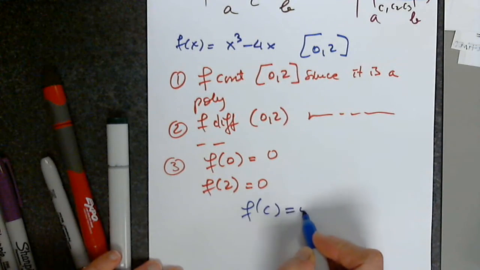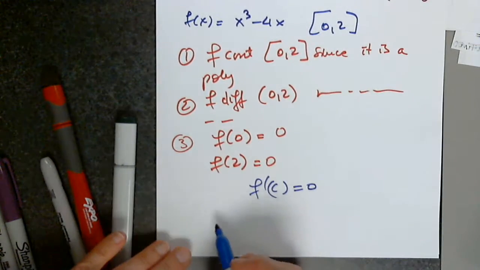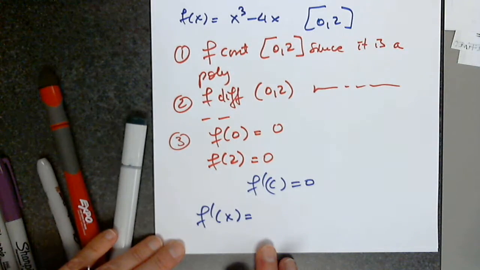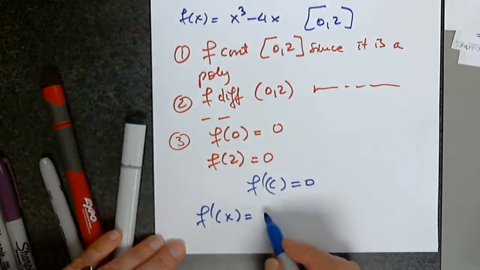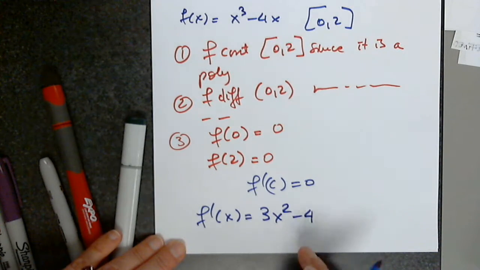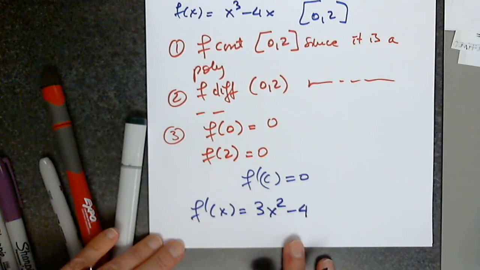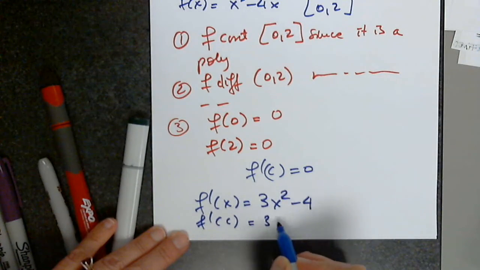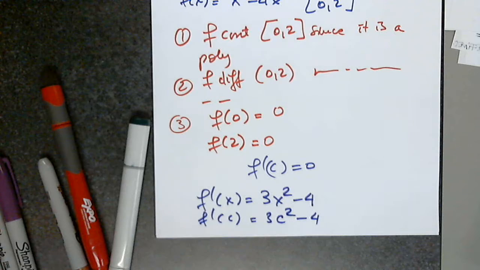So f prime of C is 0. Perfect. I have to find f prime of x first. How much is f prime of x? Yes, 3x squared minus 4. Good. So then f prime of C will be 3c squared minus 4.